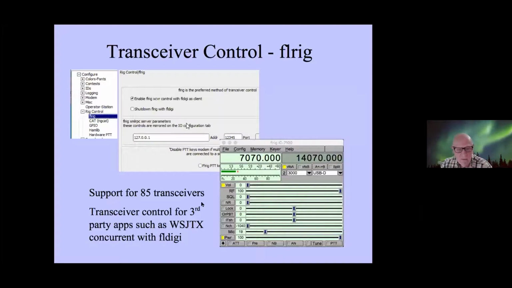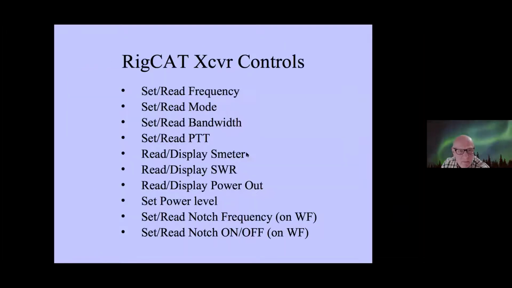It works very well. I've used it with WSJTX, FLRig, Fldigi, FLWKey, and FLNano all running at the same time, all communicating concurrently and sharing the data with FLRig. Works very good. However, if you don't want to go to that extreme, you can use RigCat.